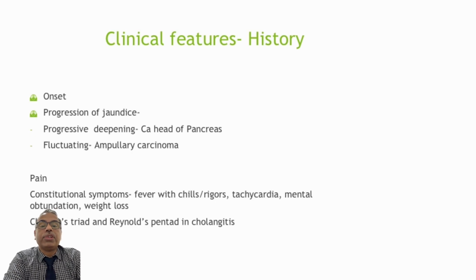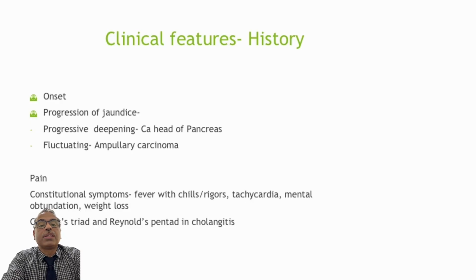Another important question which you would like to ask about the jaundice apart from pain is, what is the progression of the jaundice? That means whether the jaundice is progressively deepening from the time it was first noticed. A progressively deepening or worsening jaundice is classically seen in malignant jaundice like carcinoma head of pancreas or other periampullary carcinomas.